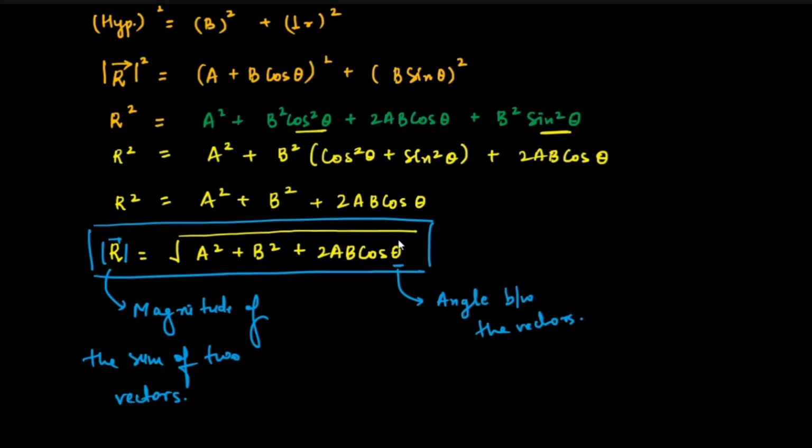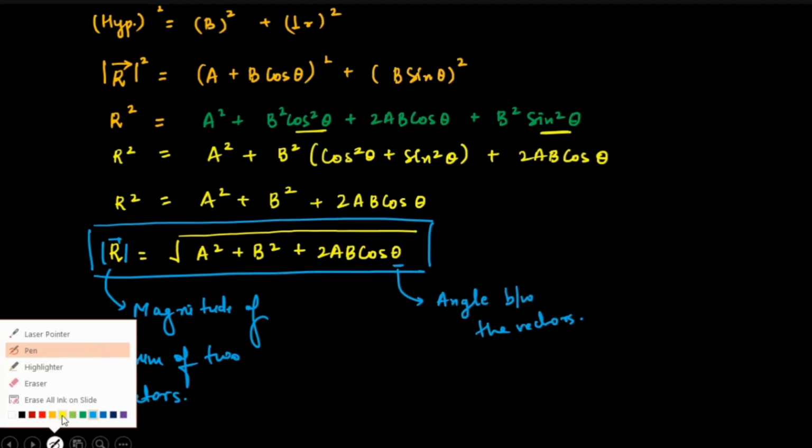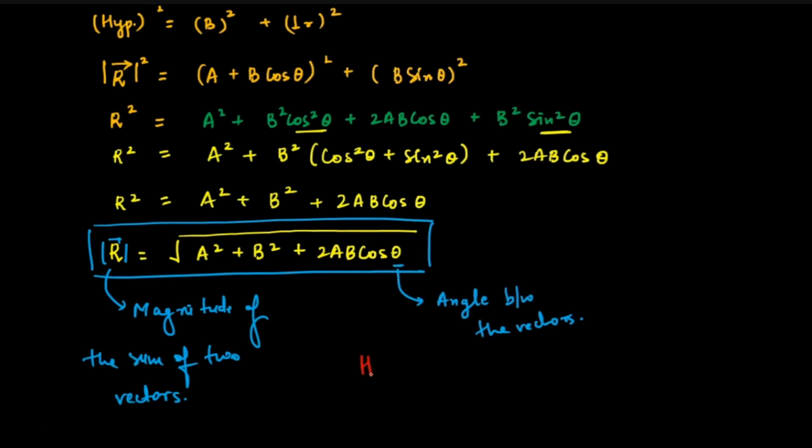What is cos 45, which is pi by 4? It's 1 by root 2, not 1 half.